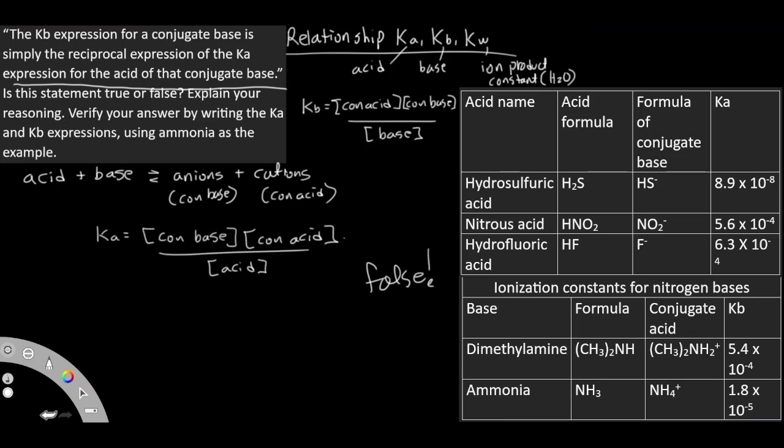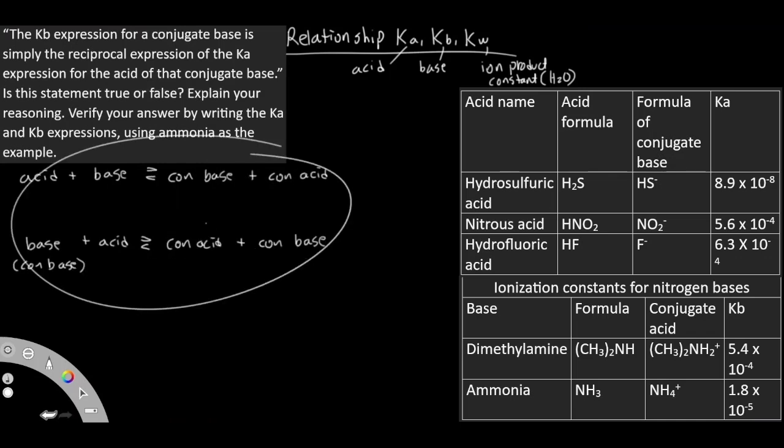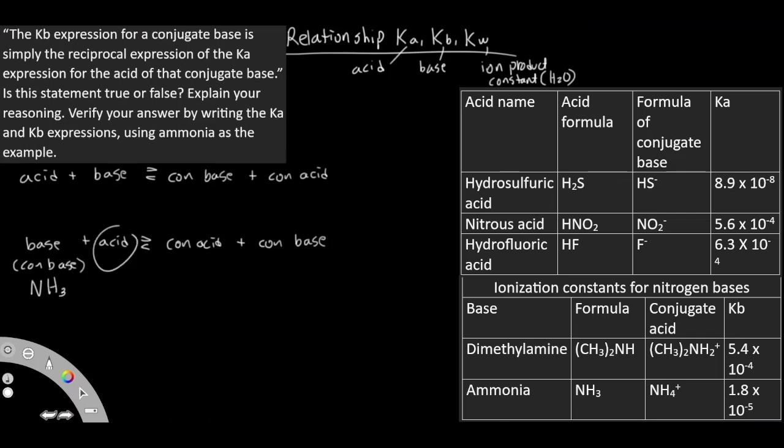However, the question is asking us to use ammonia as an example. So let's give it a try. I've written it out over here. They did say to use ammonia as our base, so we're going to put NH3 over here as our base. And in terms of our acid, what's going to happen with this ammonia?